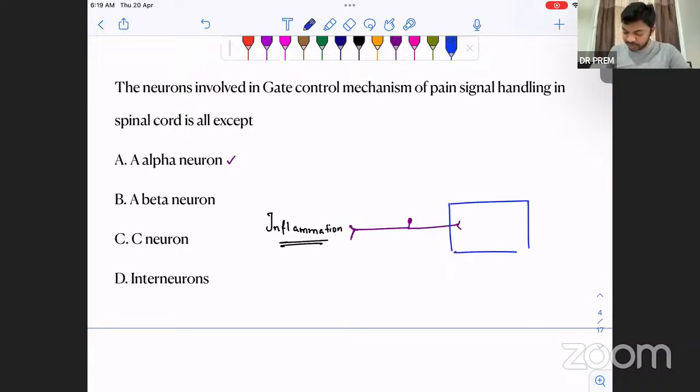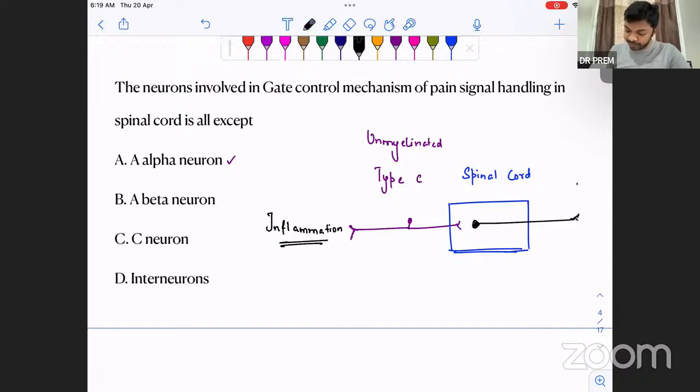So let's take this as spinal cord, doctors. From this, we are going to see onset of dorsal column pathway all the way to brain, the sensory cortex. We'll keep the black one as sensory cortex.